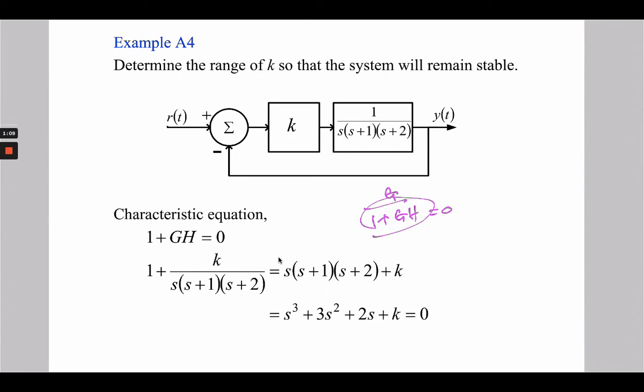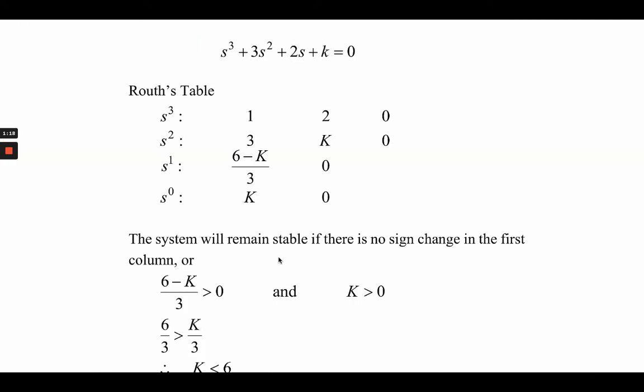What we have is this characteristic equation, this polynomial s^3 + 3s^2 + 2s + k = 0. Then we can find the range of k by inserting the polynomial into the Routh table. The coefficients of the polynomial are 1, 3, 2, k, so we have 1, 3, 2, k.